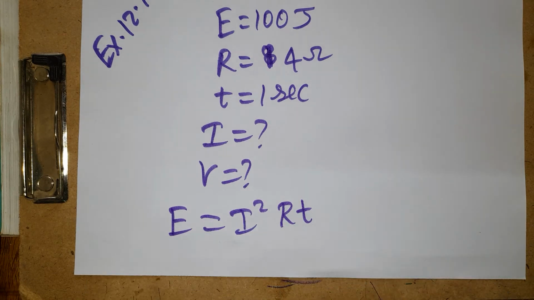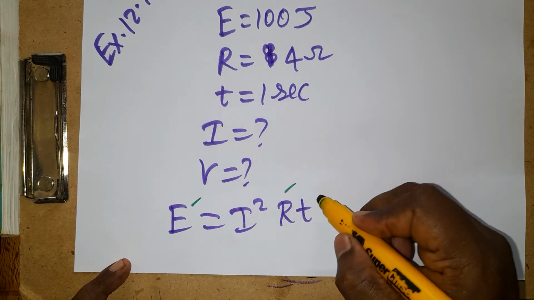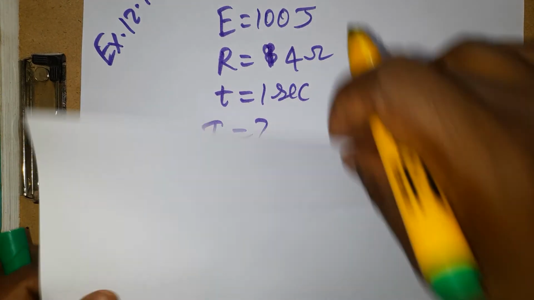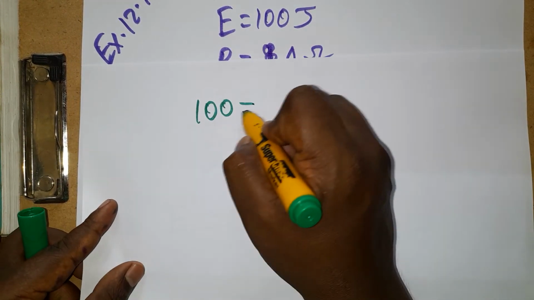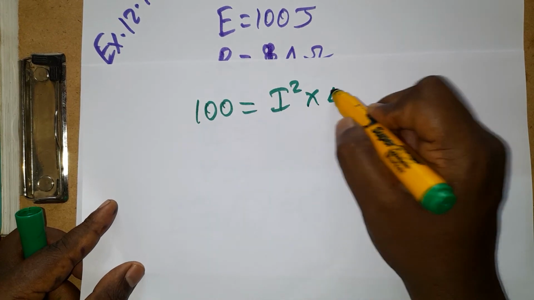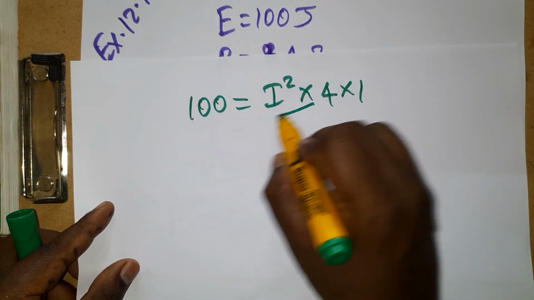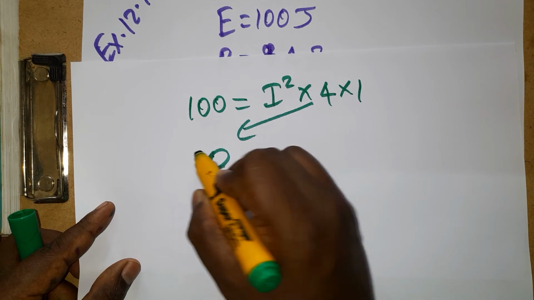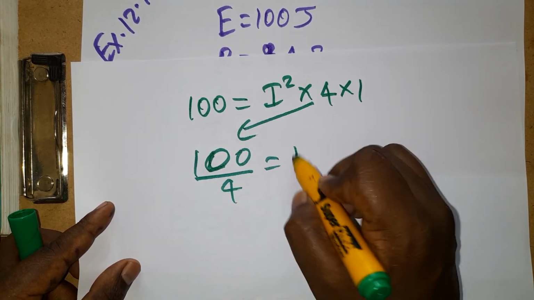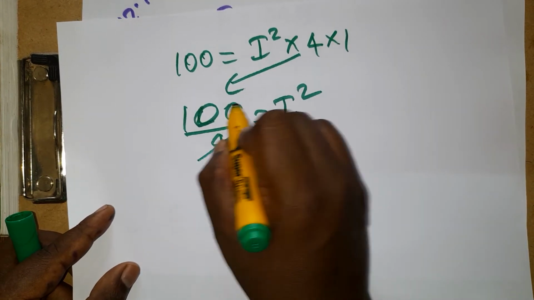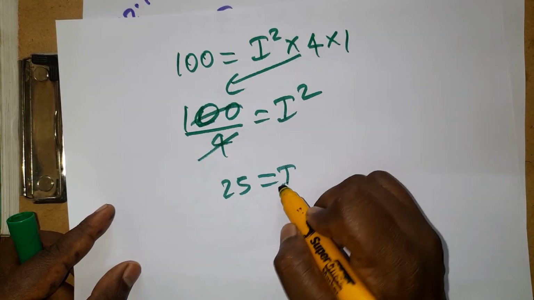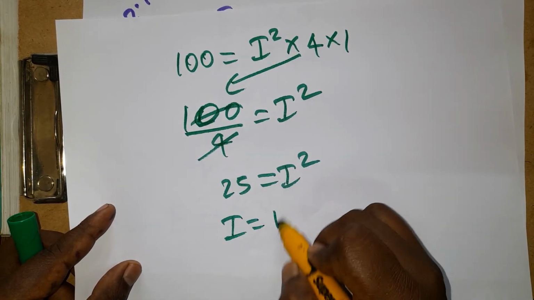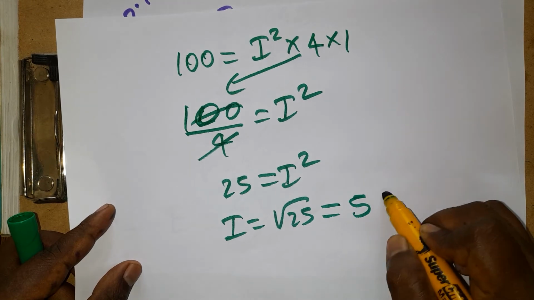Because I know E, R and T except the current. 100 is equal to I square into 4 into 1. Bring the 4 as a denominator: 100 divided by 4 is equal to I square, which gives 25. So I is equal to root of 25, which is 5 ampere.